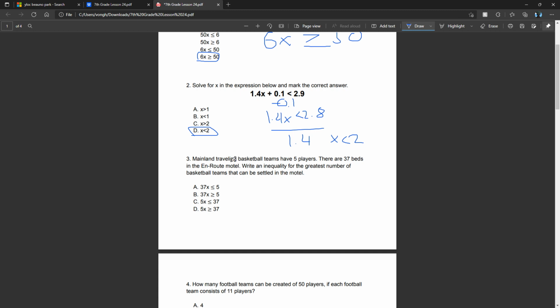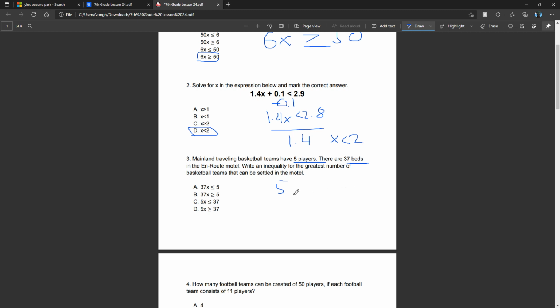3. Mainland traveling basketball team has 5 players. There are 37 beds in the en route motel. Write an inequality for the greatest number of basketball teams that can be settled in the motel. So here we have basketball teams with 5 players, and there are 37 beds.